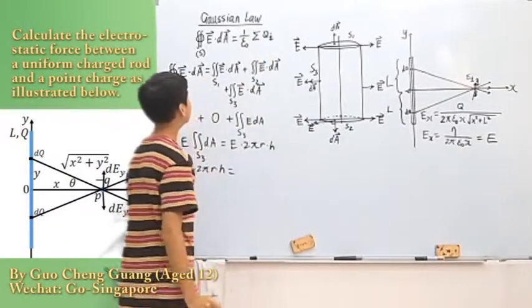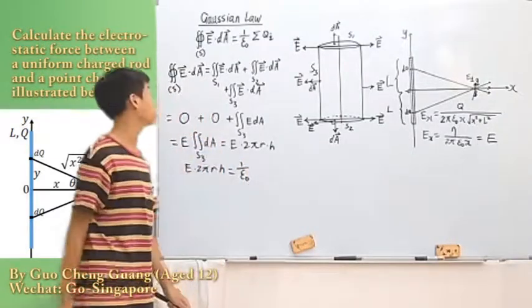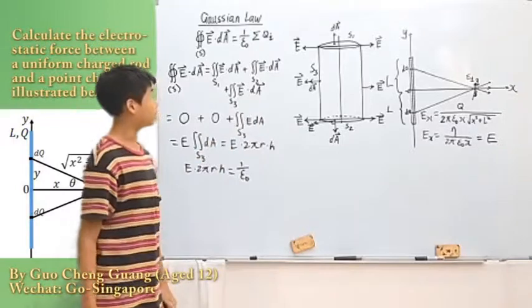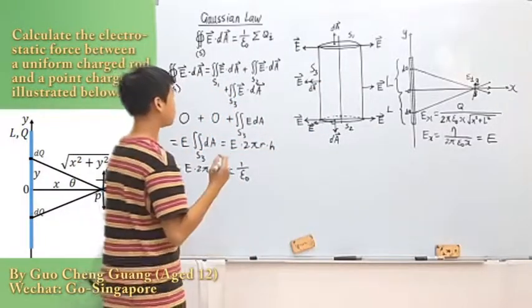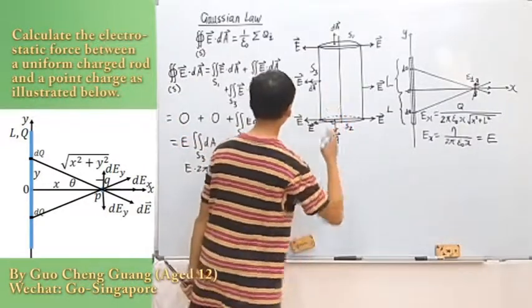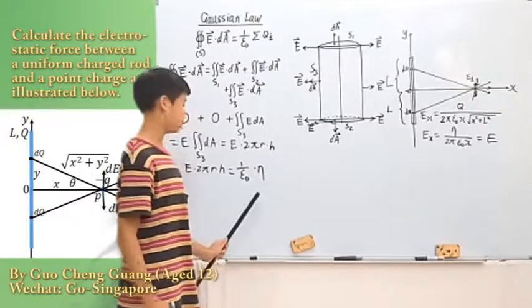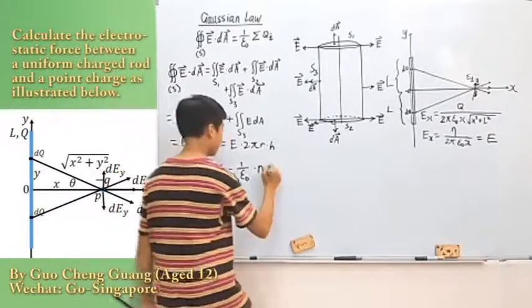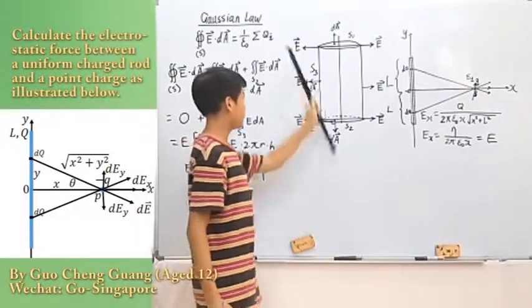1 over epsilon naught, that's a constant. Then the total charge for this thing. That means you need the linear charge density, which we'll use eta here, times the total length of it.